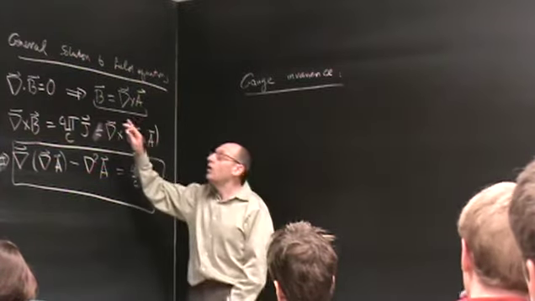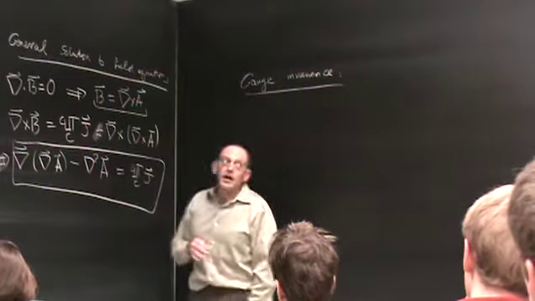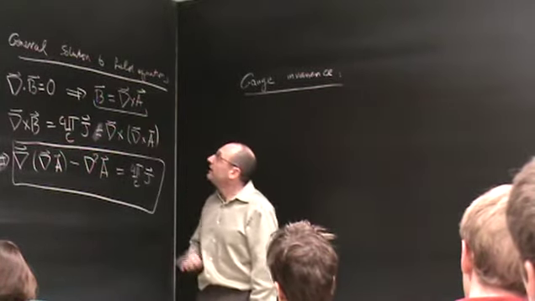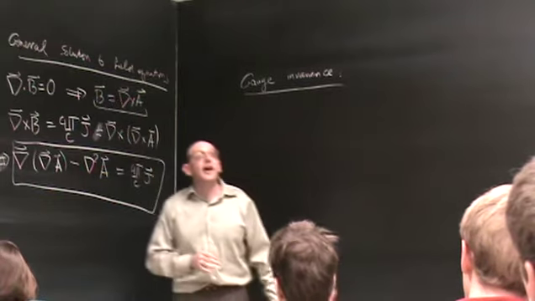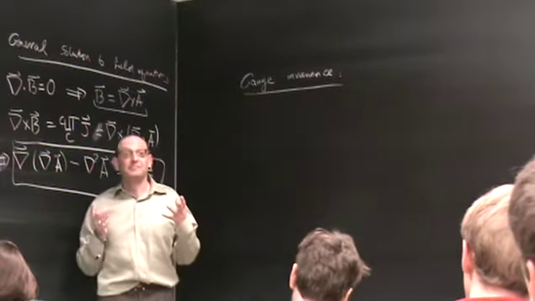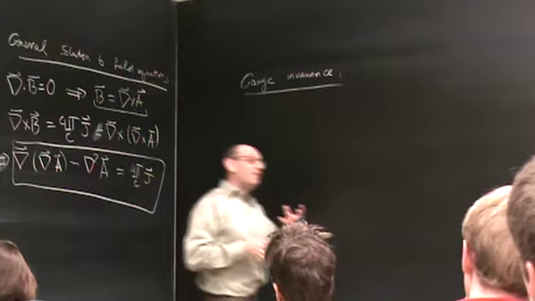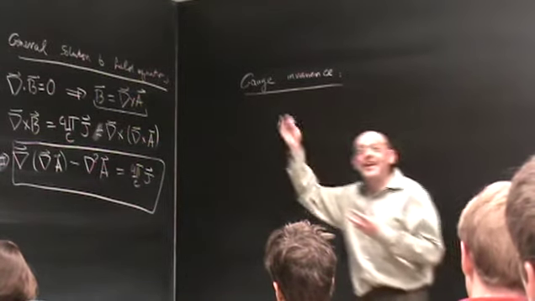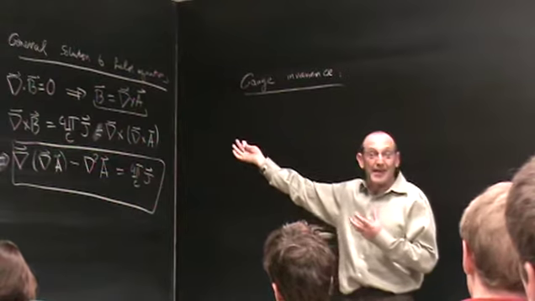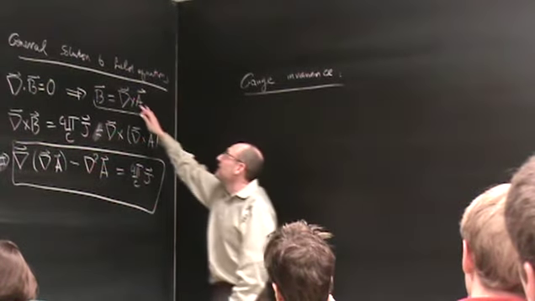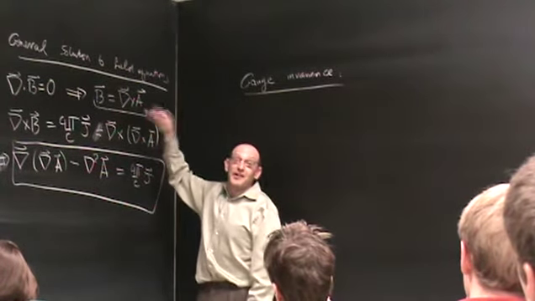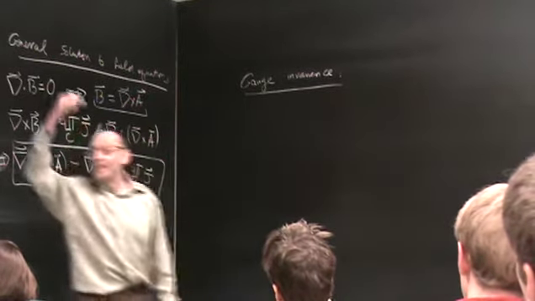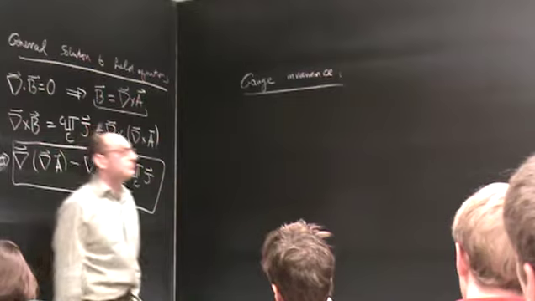We have a more general kind of flexibility here in that A itself is a vector field. A itself depends on the curl of something else and the gradient of something else, right? Because from the Helmholtz theorem, all vector fields can be expressed in terms of the curl of something else and the gradient of a scalar.